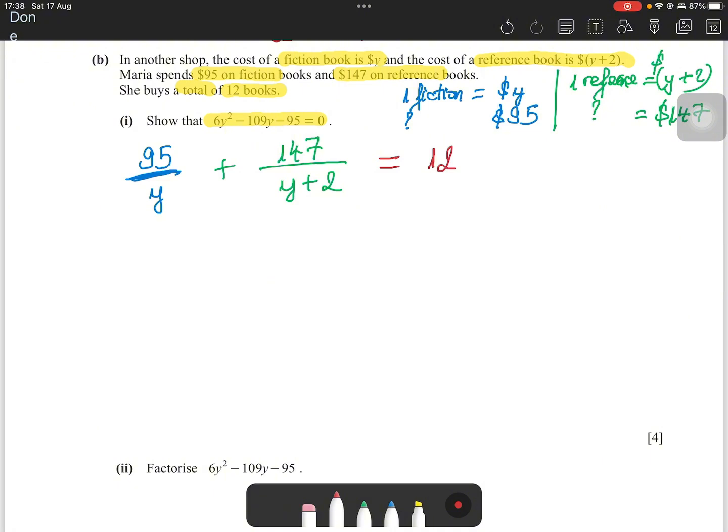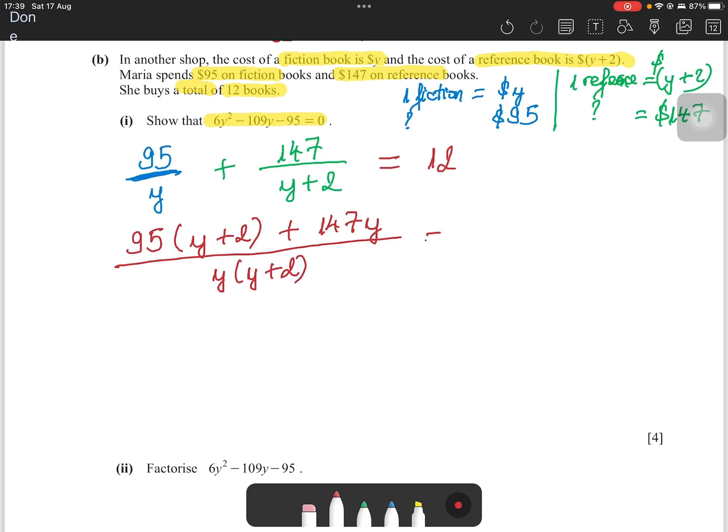First, we see that they have different denominators, so we need to find the common denominator. 95 multiplied by Y plus 2 plus 147 multiplied by Y. And now this is the common denominator. Equals 12. Then I also cross multiply these two.